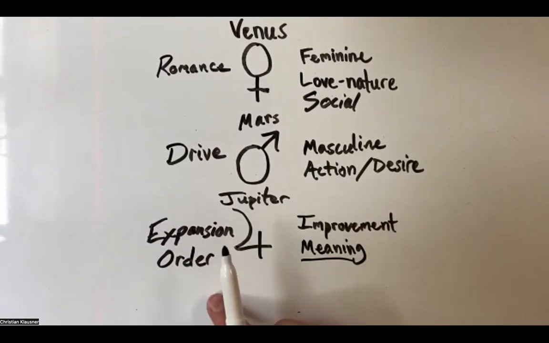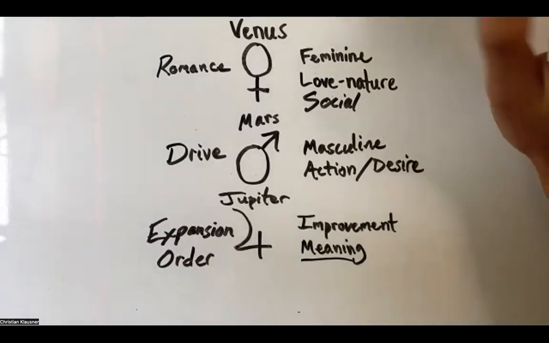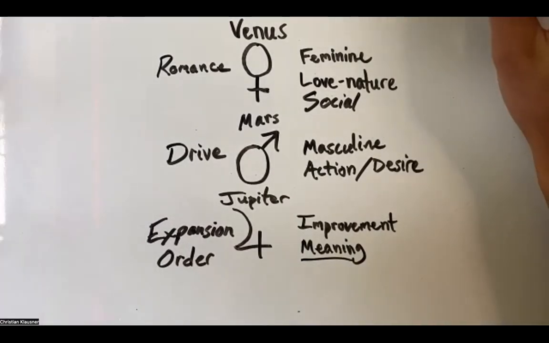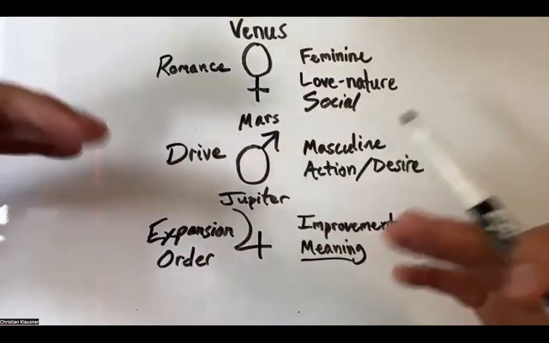And you can do it in one big way and take your physical life, or you can do it in many small ways throughout your life and do a slow suicide. And that's what most people do. Most people are just on a very slow spiritual suicide. And the reason for that is because they lack meaning. They don't have purpose. They haven't discovered themselves. So Jupiter is that energy of expansion and order and meaning.